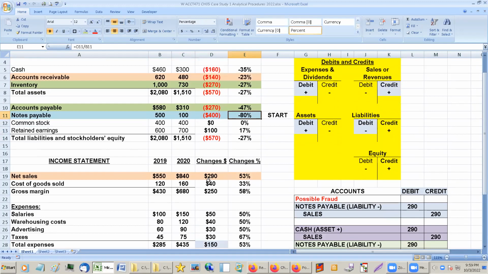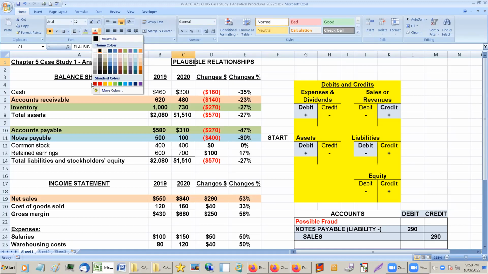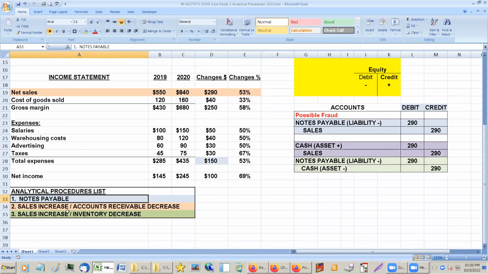But yeah, in analytical procedures, you look for plausible relationships. And when those plausible relationships aren't there, those are things that you want to look at. So it's not plausible that you'd have an increase in sales and a decrease in accounts receivable.